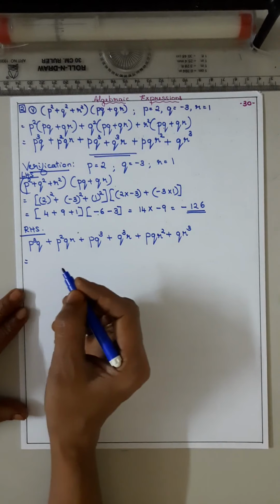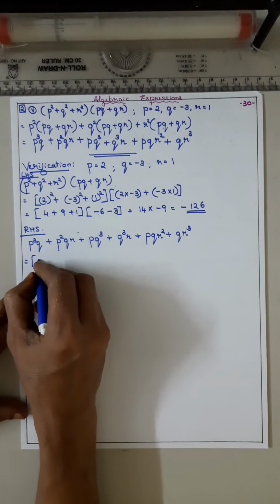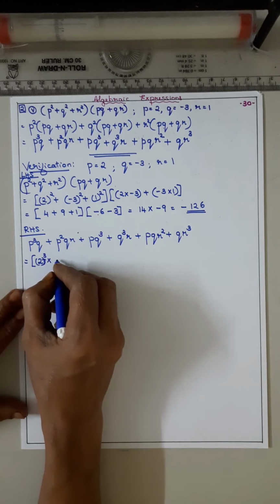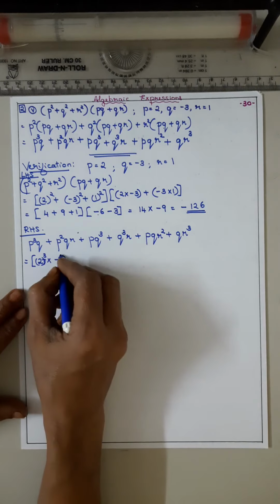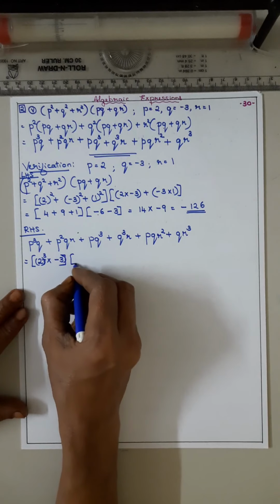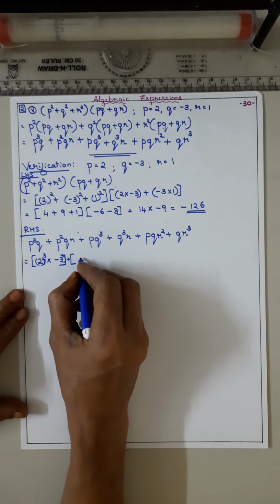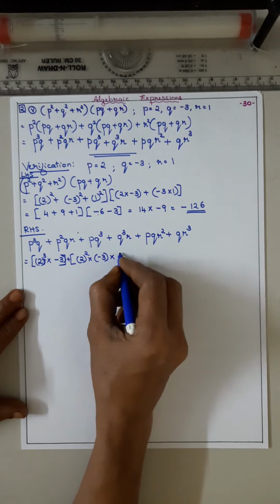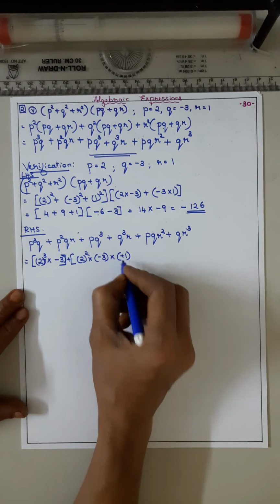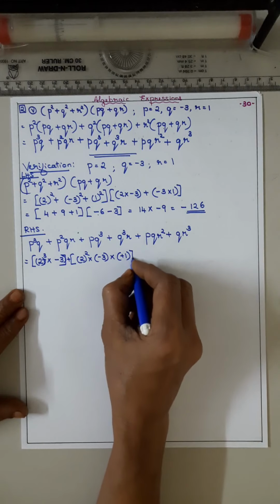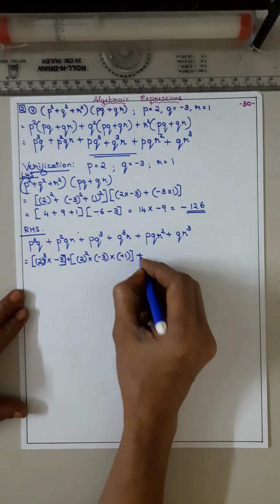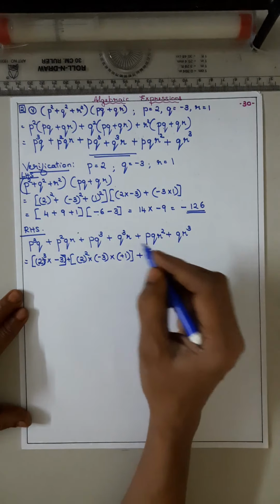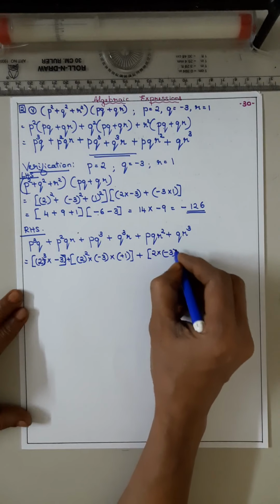Now put the values. P is 2 cube, into Q is minus 3. Now in between is plus P squared, that is 2 squared into Q is minus 3 into R is plus 1, not minus, plus 1. Okay, this one over. Now the third one, plus bracket open, P is 2 into Q is minus 3 cube.